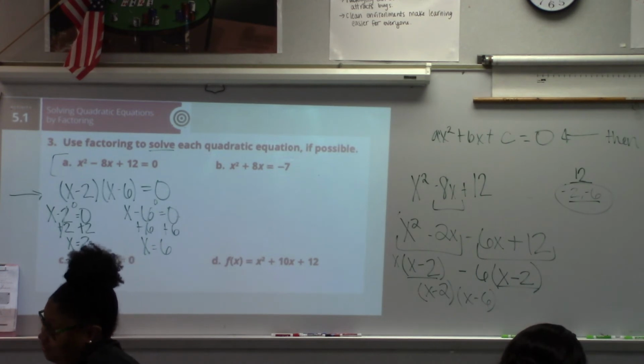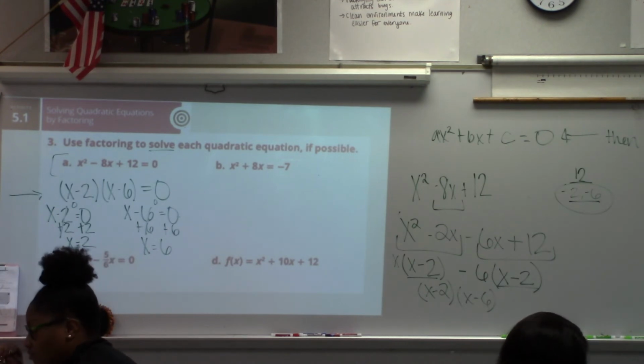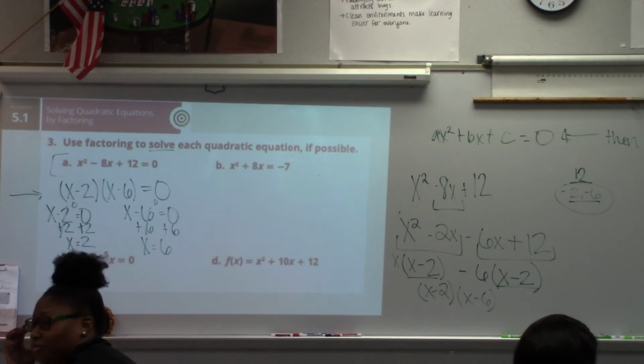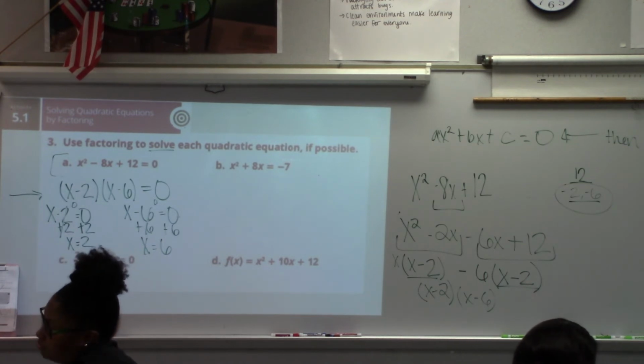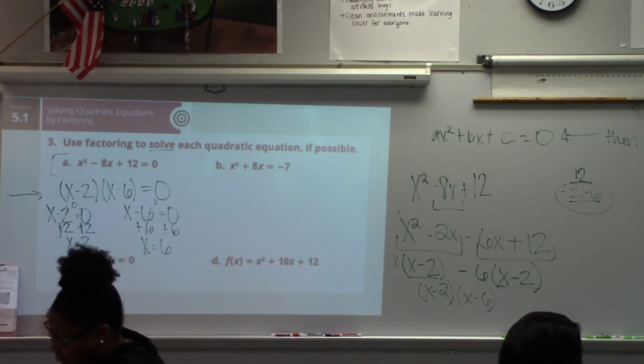Oh yeah. Do you want a cookie? I said set it equal to 0, get the factors out of it.